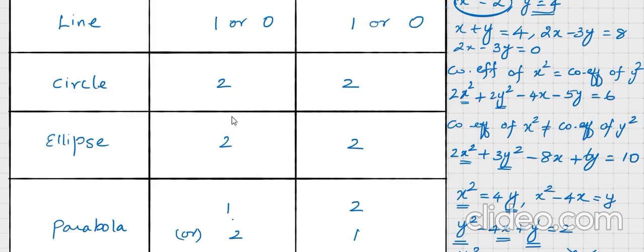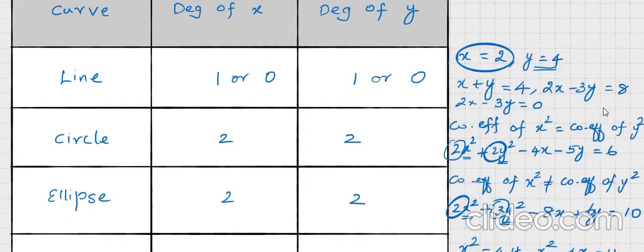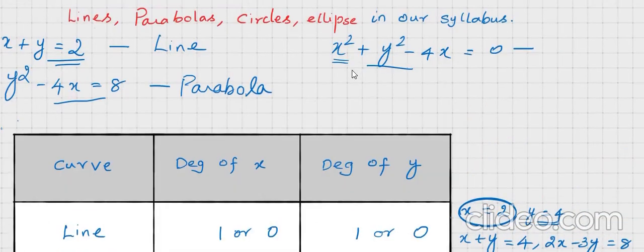Okay. So what makes the difference? See here, the coefficient of x square as well as the coefficient of y square were the same, whereas here the coefficient of x square is different and the coefficient of y square is different. Okay. In the above examples, see what this equation represents.